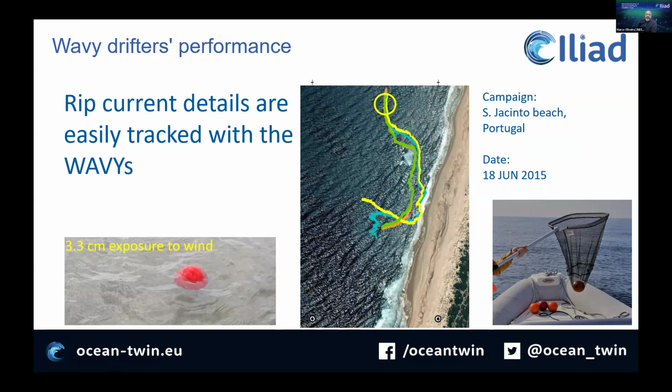They are perfect to showcase, for example, rip currents in citizen science projects, where we want the summer people on the beach to understand the dynamics of the rip currents. So this is one of the areas where we use the drifters: to create citizen awareness about the currents near the seashore.